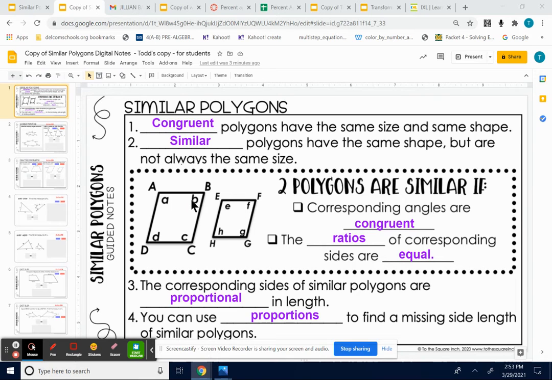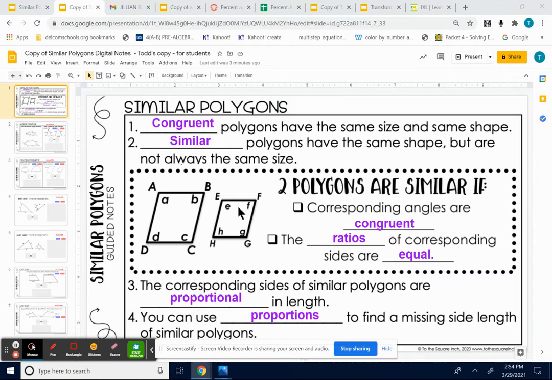Angle B and angle F are equal to each other because they're in the same place. D and H are, and C and G are also. Those are all sets of equal angles. So that's one thing. And the other thing to know is that sides in the same corresponding place are proportional to each other.